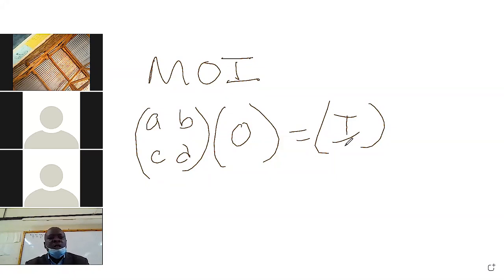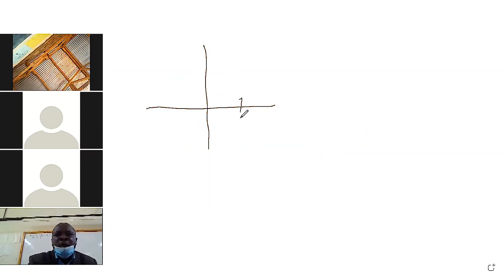Yeah. But there's also another way of finding a matrix. In most of the given transformations, you can use the unit square, whereby you work with I, which is coordinate 1, 0, and J, which is coordinate 0, 1.